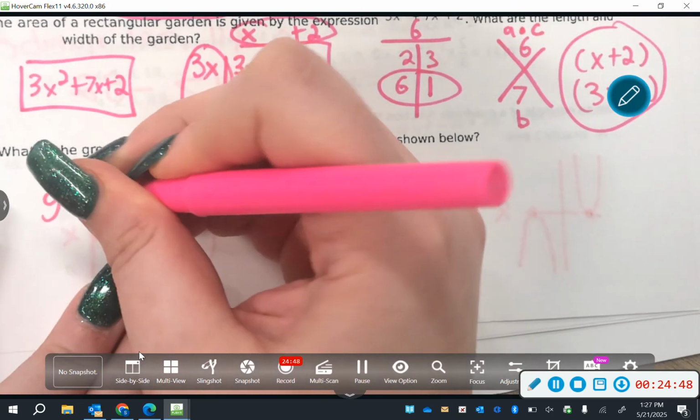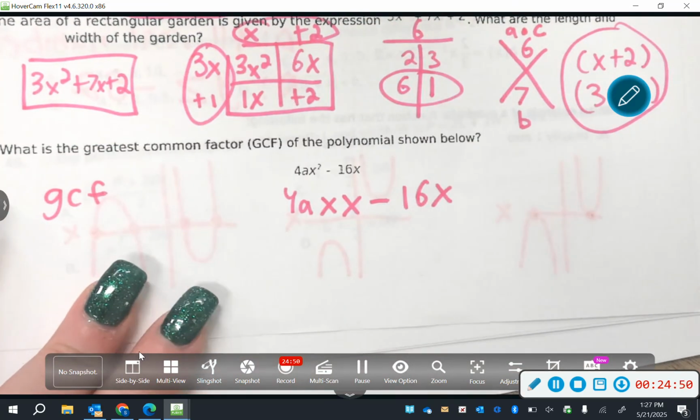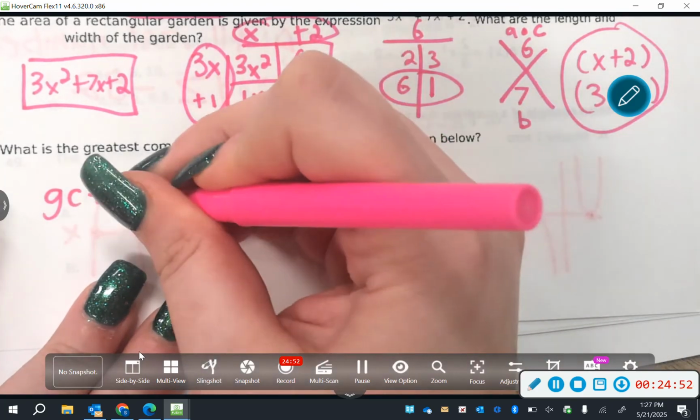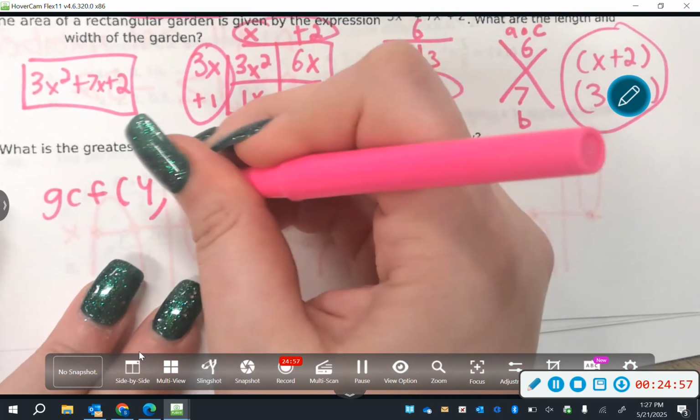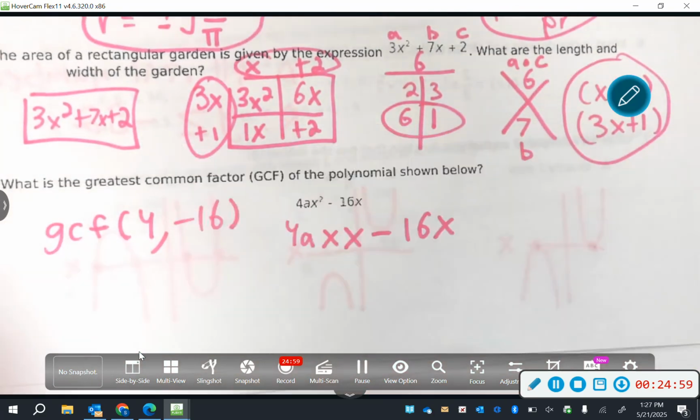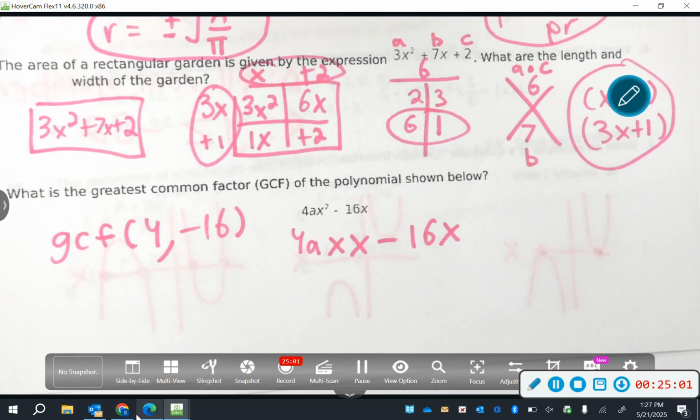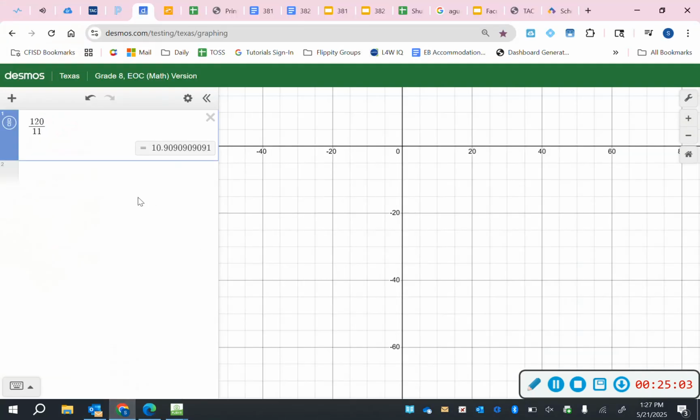First of all, to check my numbers for a GCF in my calculator, we're going to put lowercase GCF, parentheses, 4, comma, -16. At least my calculator can help us with our numbers, not so much the variables.